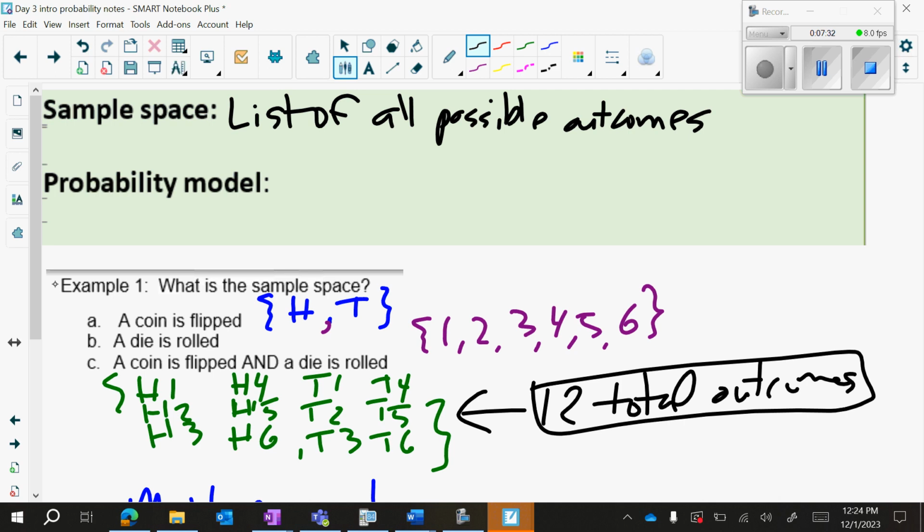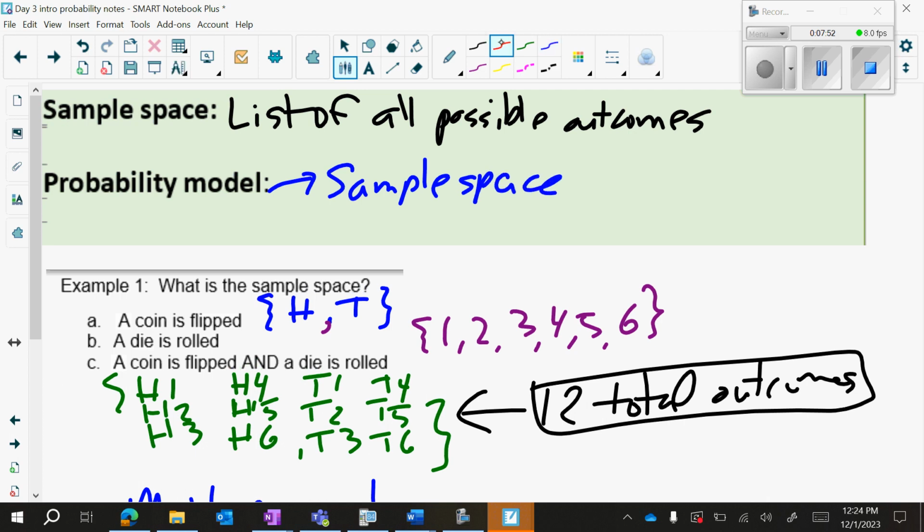So what I'm about to do is create what's called a probability model. A probability model is going to be a list of all the outcomes, which actually has 2 parts. It's the sample space, which is the list of all the outcomes that we have here.